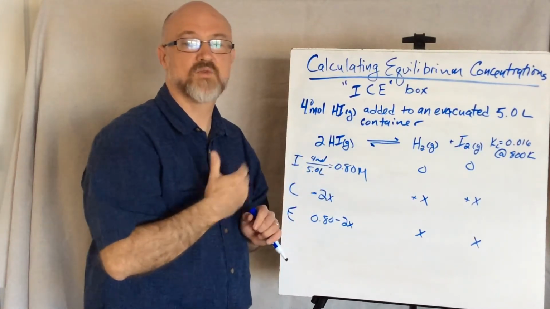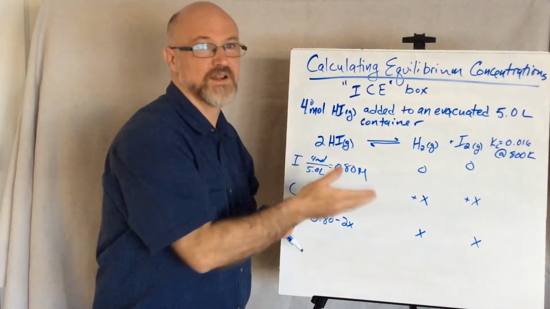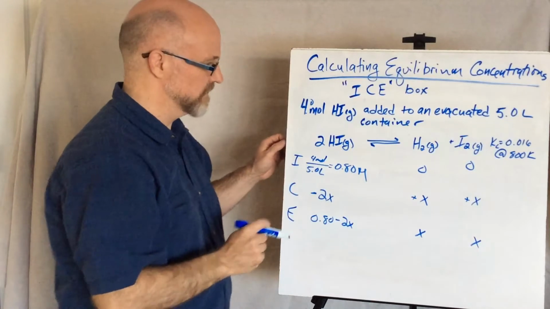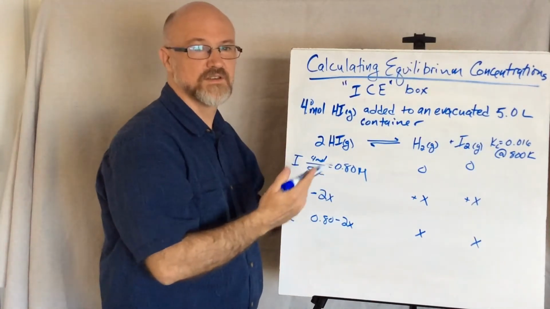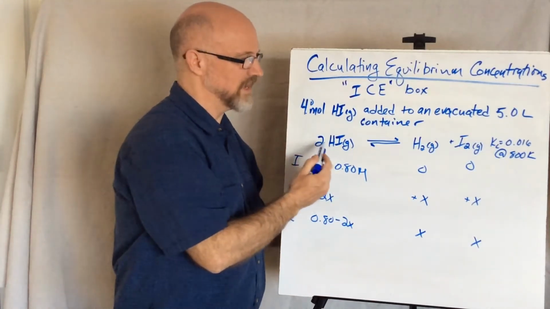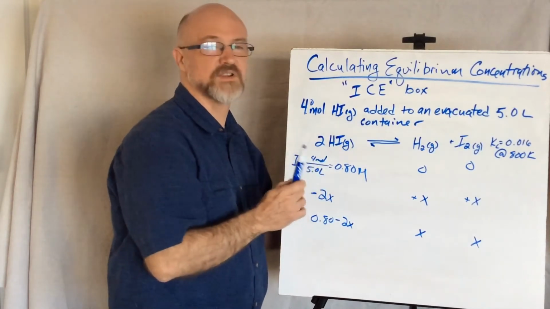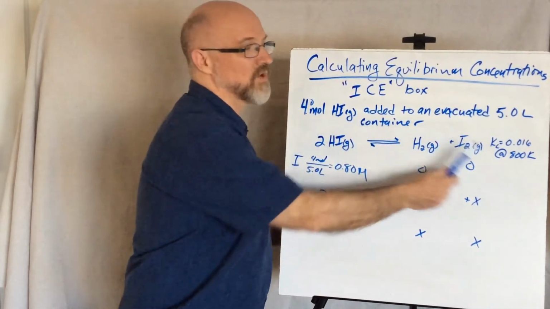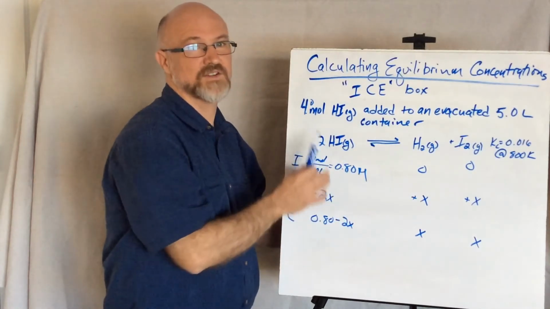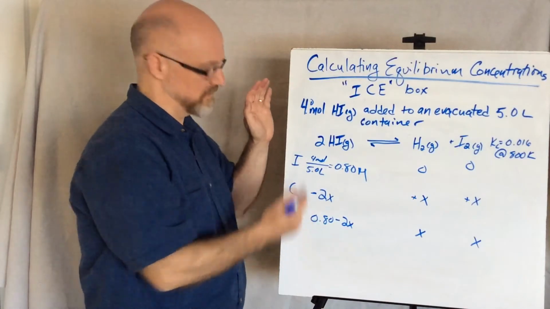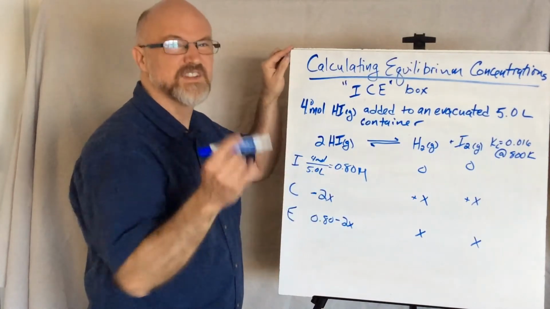K values that are greater than 1 tell you that products are favored, and the larger it is, the more product is favored. So the smaller the number is, less than 1, the less of the reactant becomes product before equilibrium. The larger the number is, greater than 1, the more product you're making and the less reactant you're left with at equilibrium.